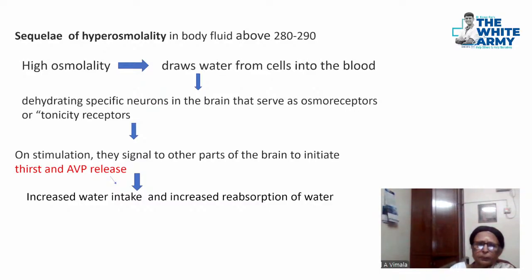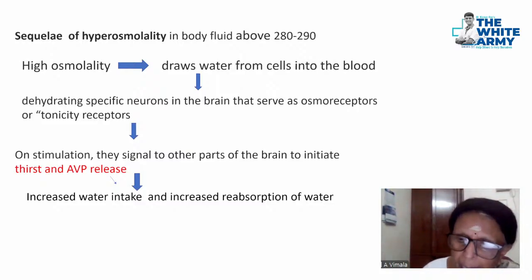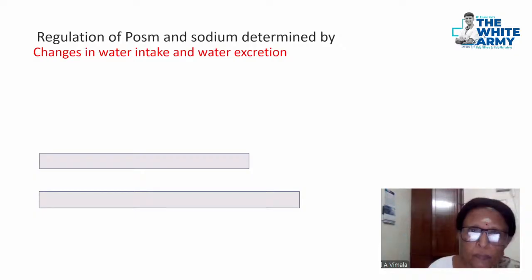It dehydrates the specific neurons in the brain that serve as osmoreceptors or tonicity receptors. And on stimulation, they signal to other parts of the brain to initiate thirst and AVP release. So if these 2 mechanisms are intact, there will be increased water intake, increased reabsorption of water, and hypernatremia will not develop.